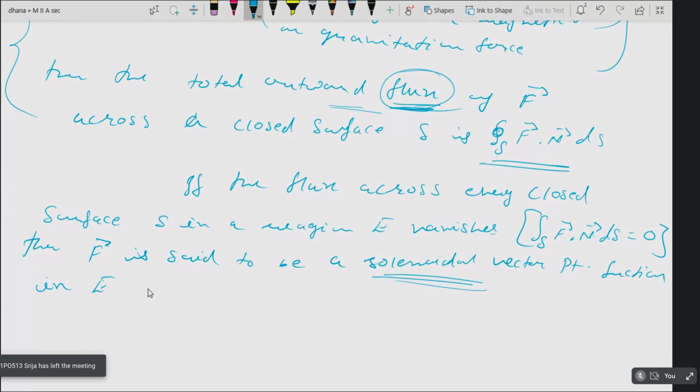How will you check whether the given vector is solenoidal or not? Divergence of the vector should be 0.